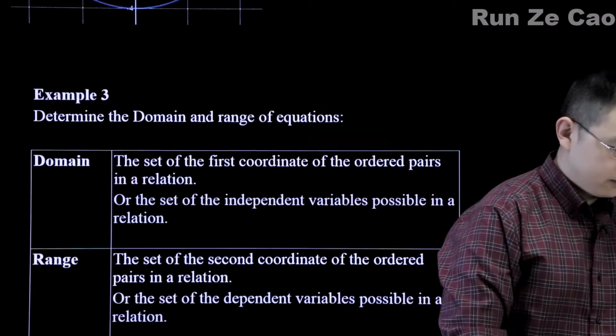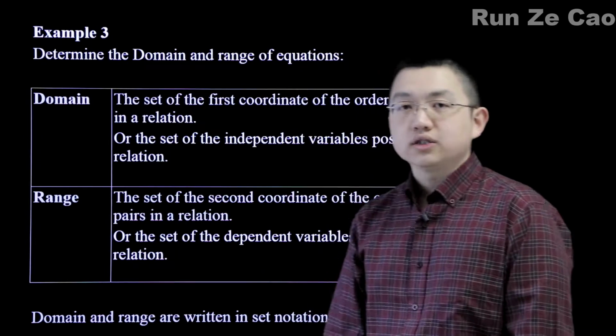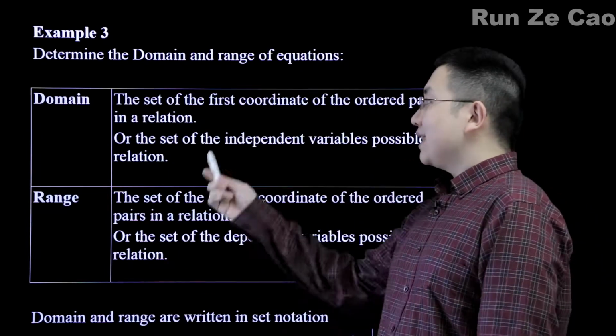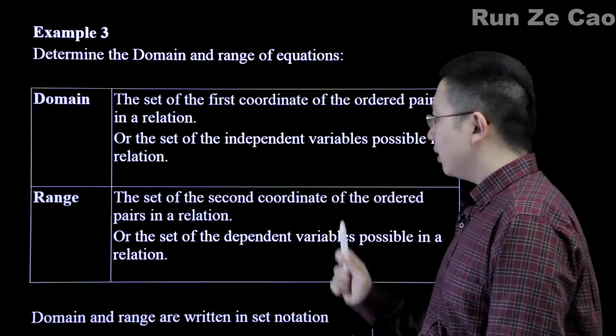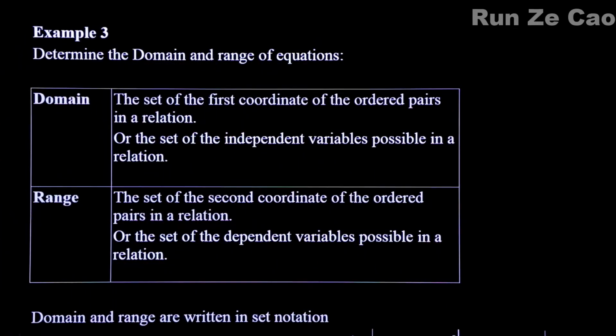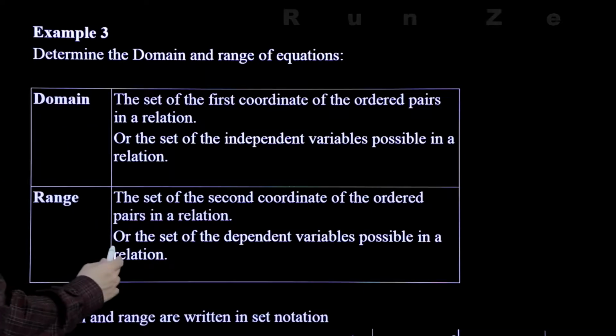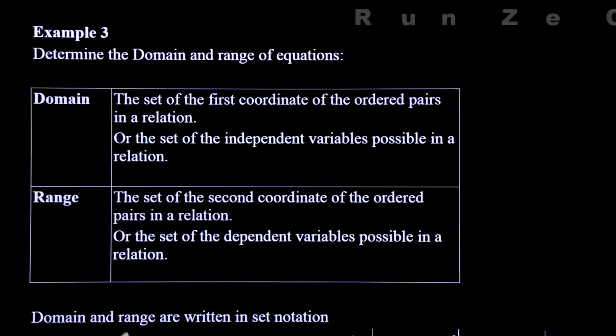Okay, so determining the domain and range of equations. The domain is the set of independent variables that have value for the relation. So in other words, where the relation actually exists, all the independent variables there, the entire range there, although you shouldn't use that word. Why? Because the range is a set of the dependent variables that are possible.